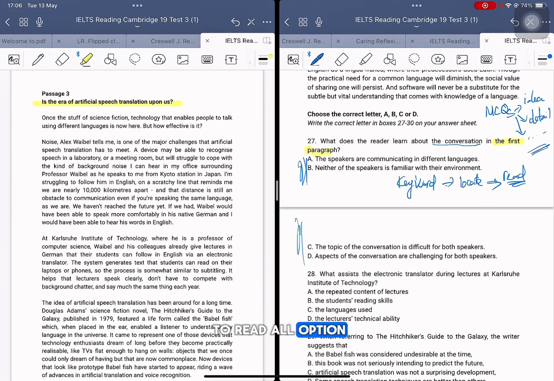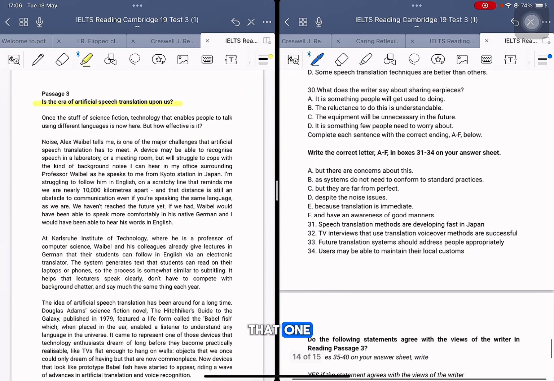You don't need to read all options at first because it's going to be disturbing or confusing. So read the information in the passage and then read some options here. Sometimes we have no idea about the correct answer, so you can eliminate incorrect answers. Yeah, that's all about that one.